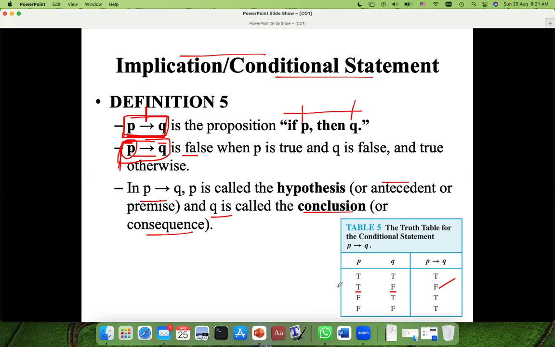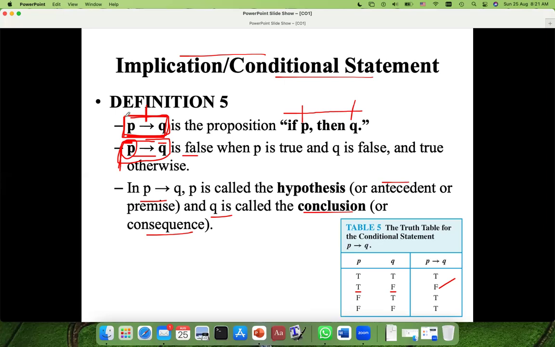So here is the truth table for this implication, and you know how this truth table works. If you want to build a truth table for P implies Q, what do you have to do first? First, you have to count the number of, I told you in the previous lecture.